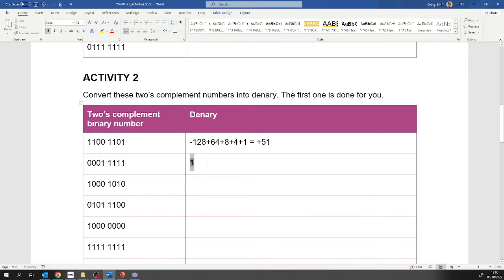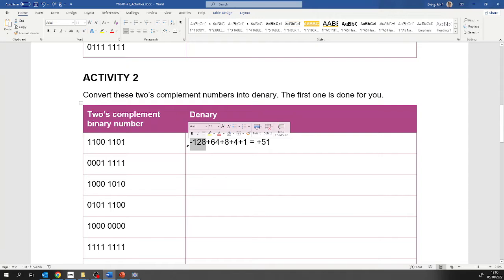So let's look at the example that we've got here and see if we can work out anything different. Well, the least significant bits, 7 of them, are exactly the same. So we've still got a 1, we've still got a 4, we've still got an 8, and we've still got a 64. But instead of this just saying that it's negative, all we've done is just say that that most significant bit is now worth minus 128.